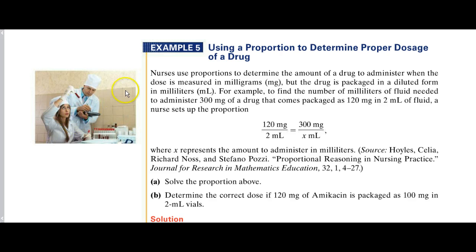Now here's a case where they're going to use proportion to determine proper dosage of a drug. Now if you're a baby, how much penicillin do you give to a baby? How much penicillin do you give to an adult?